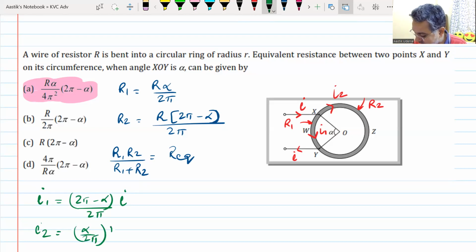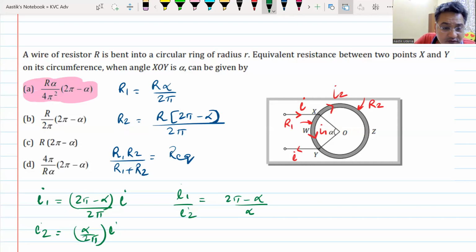That means the ratio of I1 by I2 will be inverse ratio: 2 pi minus alpha divided by alpha. Do we understand this? Yes, sir. Remember this because we might be needing this in times coming ahead. Do we understand this? Understood, sir.